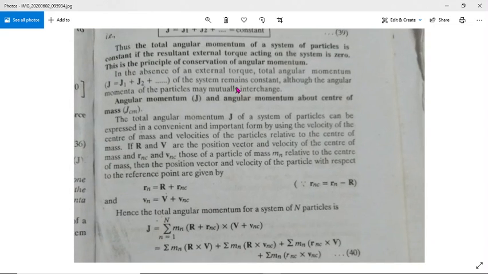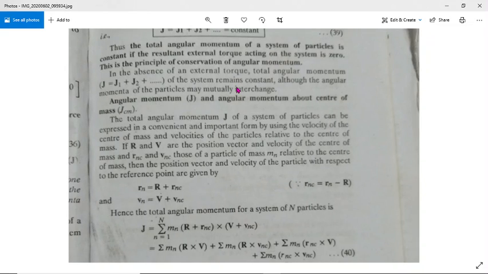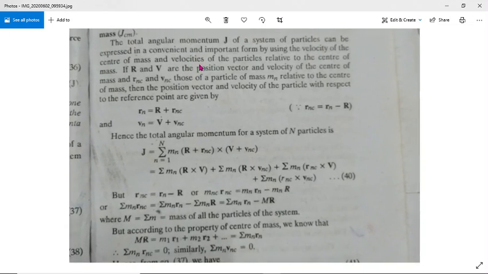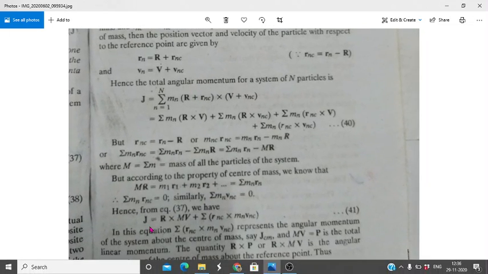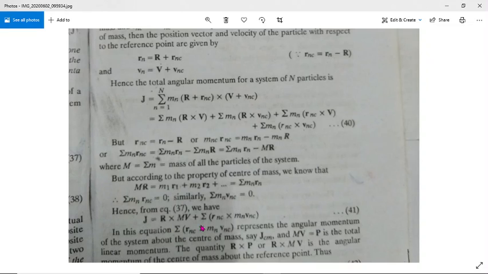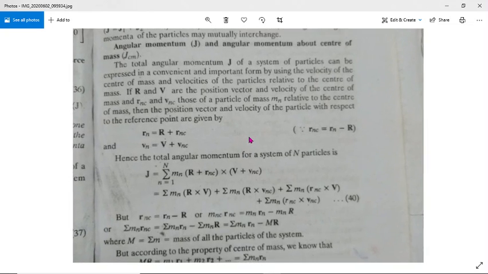Then the angular momentum about the center of mass, J CM, we can write as J equal to R cross MV plus summation Rnc cross mn Vnc. ഇതെങ്ങനെ കിട്ടിയെന്ന് വെച്ച് കഴിഞ്ഞാൽ ഈ സ്റ്റെപ്പ് നിങ്ങൾ ശ്രദ്ധിക്കുക.